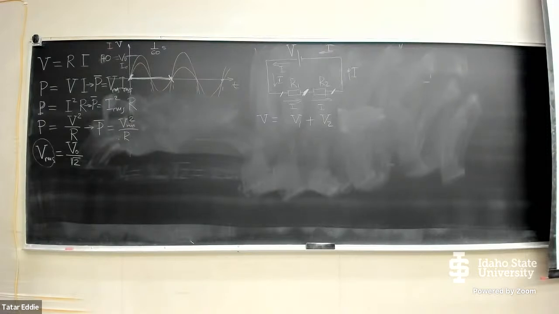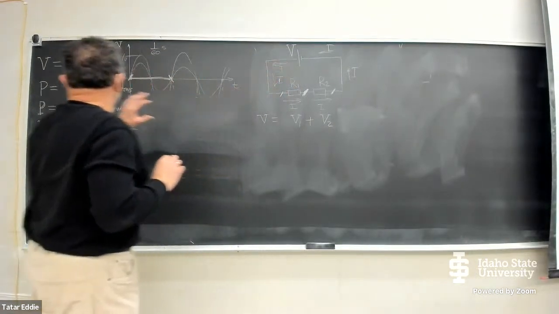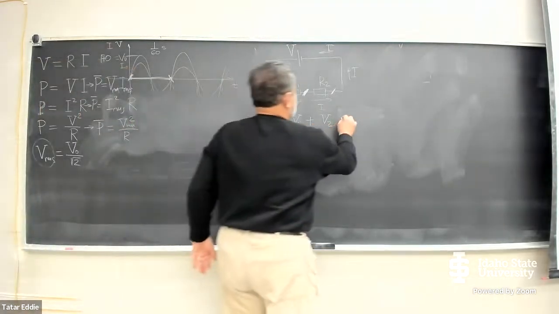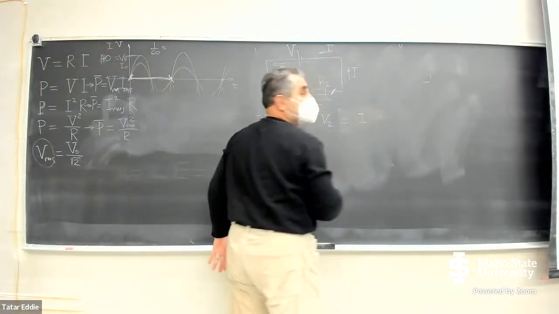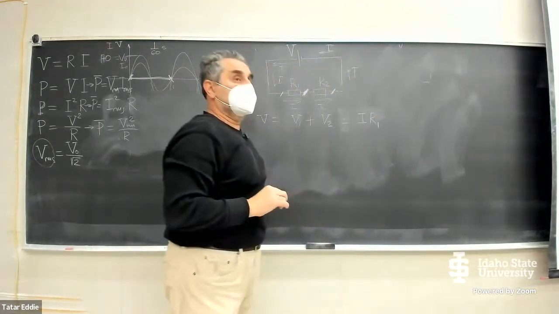Okay, now let's use this result the following way. The voltage across the first resistor, according to Ohm's law, should be equal to the current through that resistor multiplied by the resistance of that resistor.